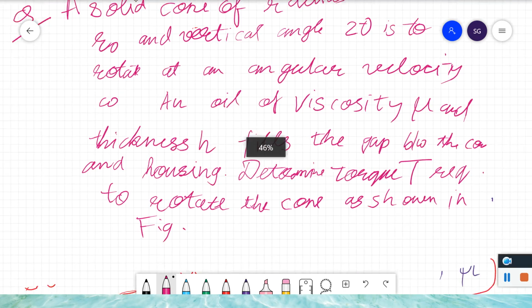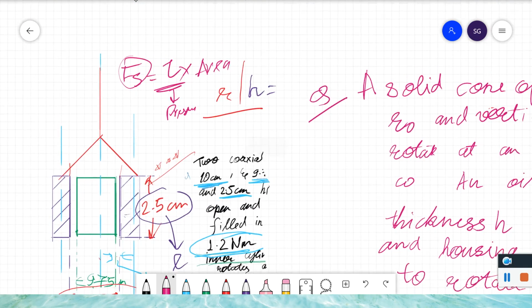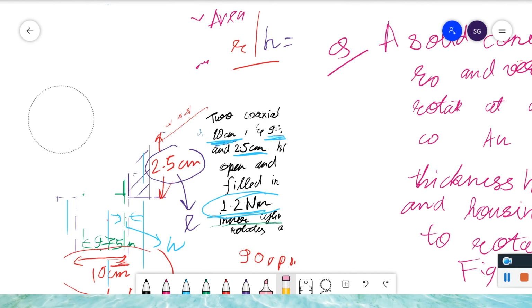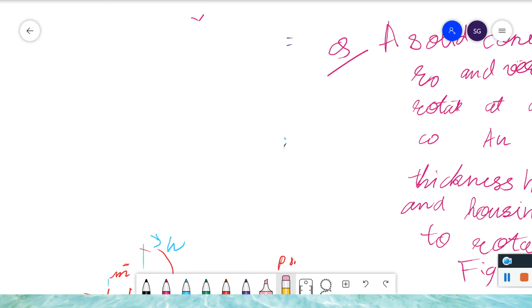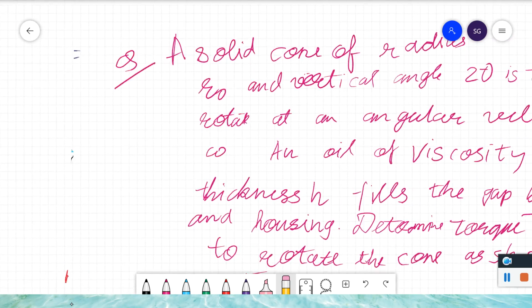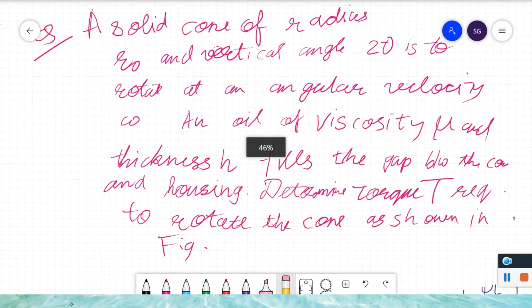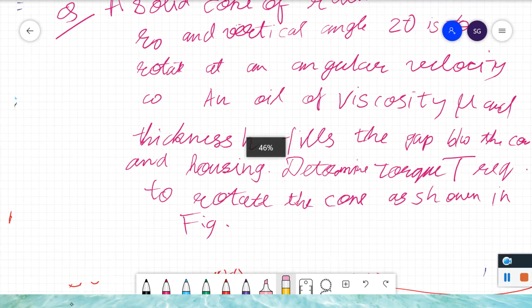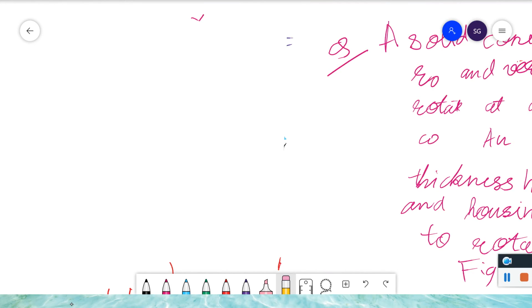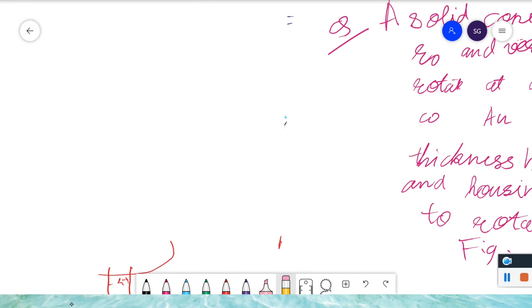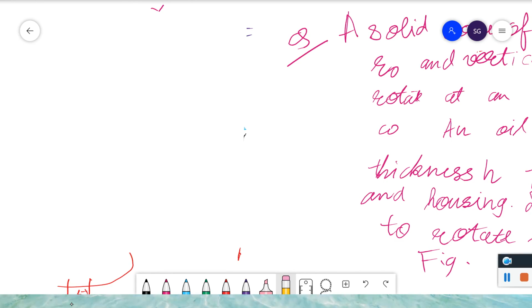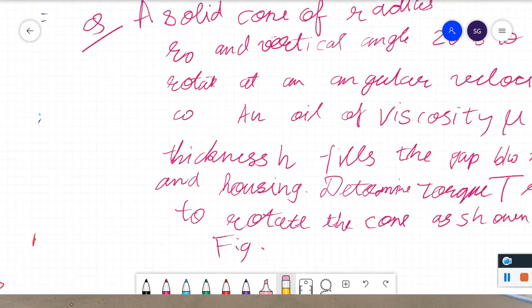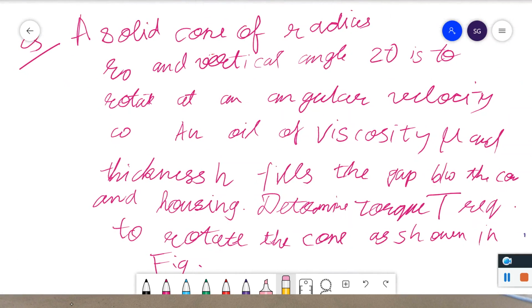Wait, I will just shorten it. This is the question. You can note it down. It's not coming in, some issues, I guess. Okay, just note it down.